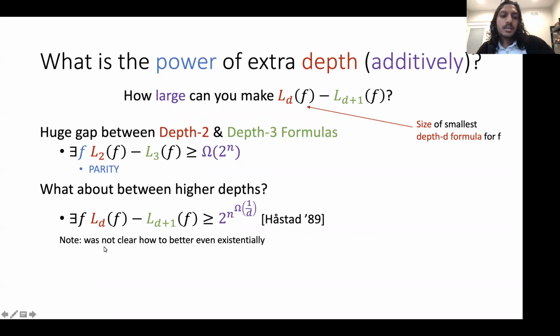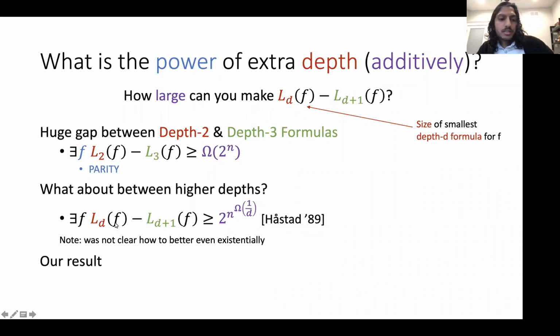In particular, if you pick a random f, this quantity you actually probably expect to be small, because if you pick a random function, then morally the best circuit for that is like a lookup table. And for a lookup table, depth shouldn't really buy you anything. So it's not even clear how to do better than this existentially.